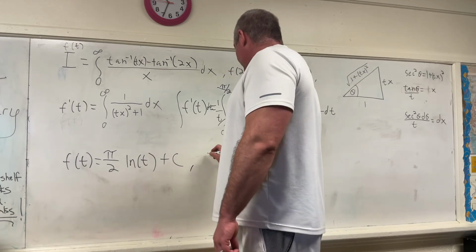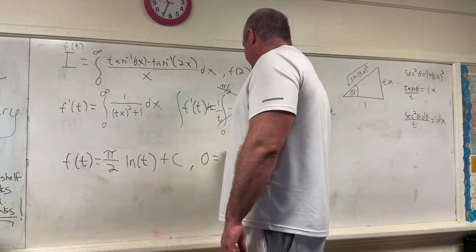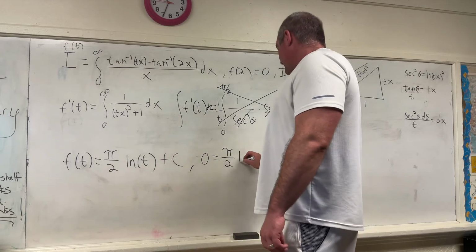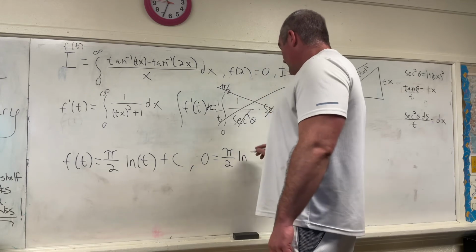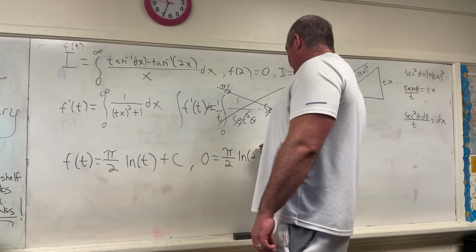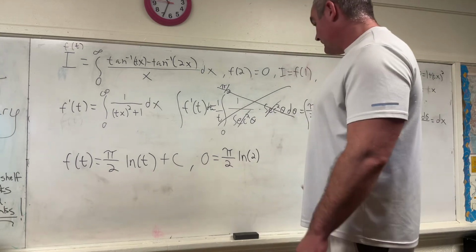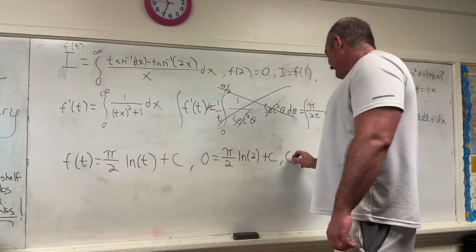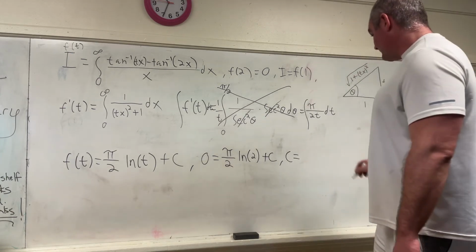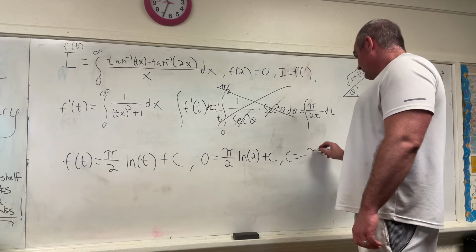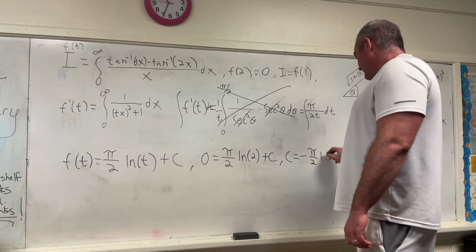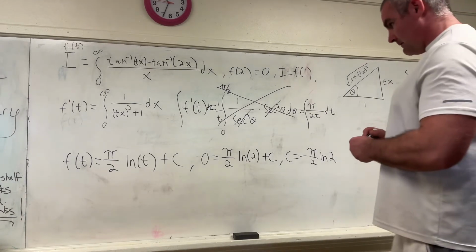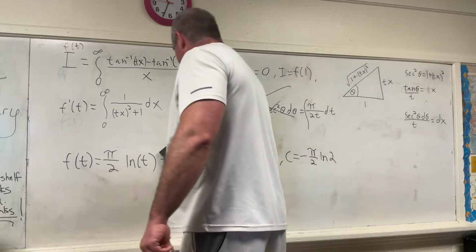So that would leave us with 0 being equal to pi over 2 times the natural log of 2, because we're plugging in 2 for t, plus c, giving us c being equal to negative pi over 2 times the natural log of 2.